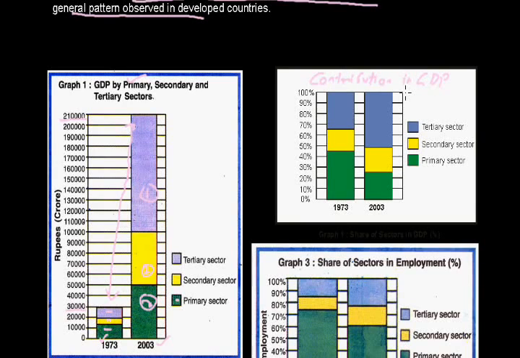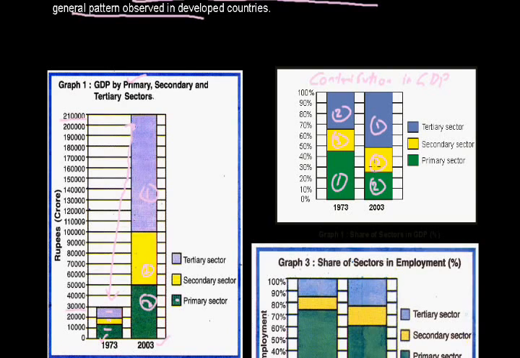We see the 1973 graph. The number 1 contributor was the primary sector, second came the tertiary sector, and third was the secondary sector. But if we look at the bar diagram of 2003, the number 1 contributor is the tertiary sector, the number 2 contributor is the primary sector, and the third is the secondary sector.